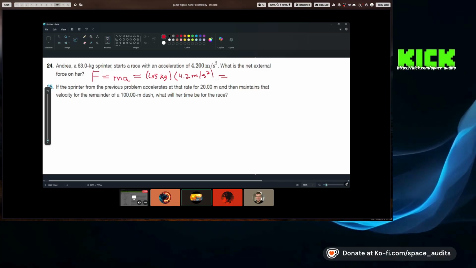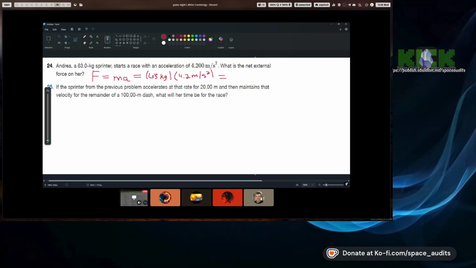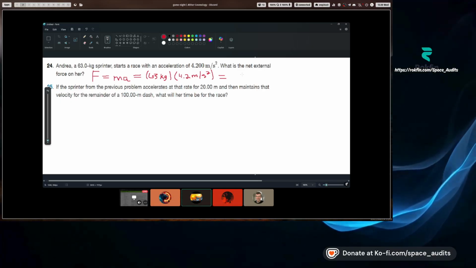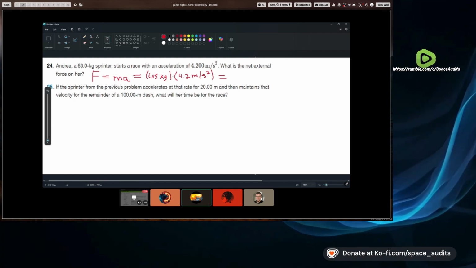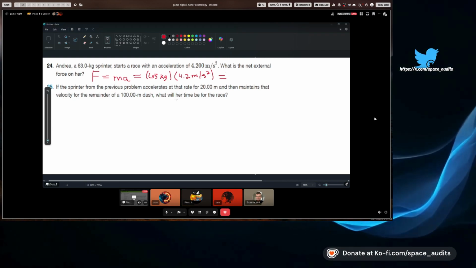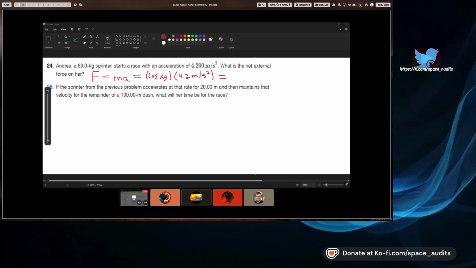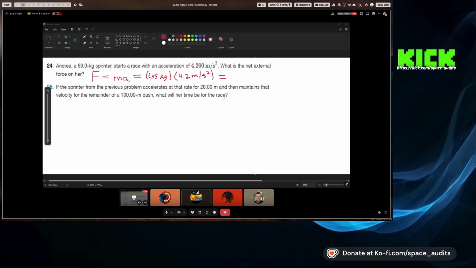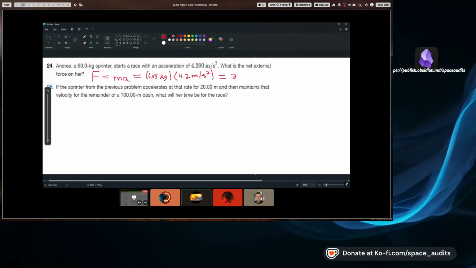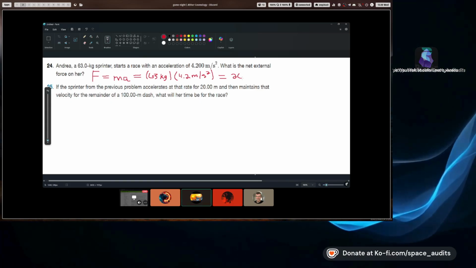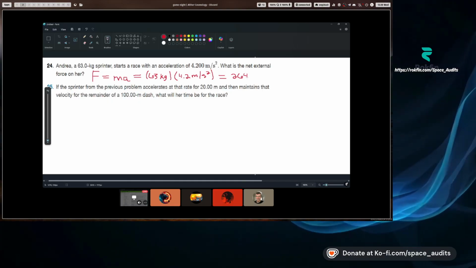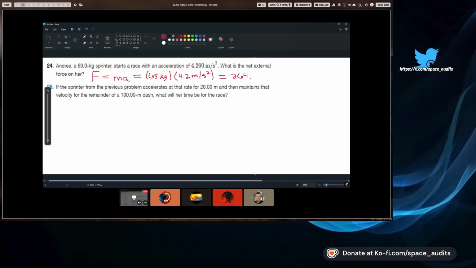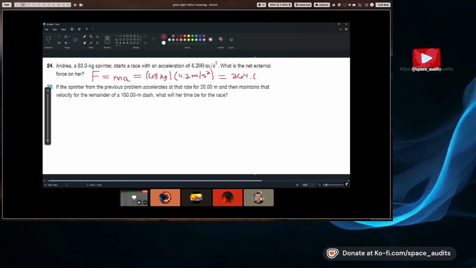We're going to get units of kilograms times meters per second squared, which is newtons. So 63 times 4.2 gives us 264.6 newtons.